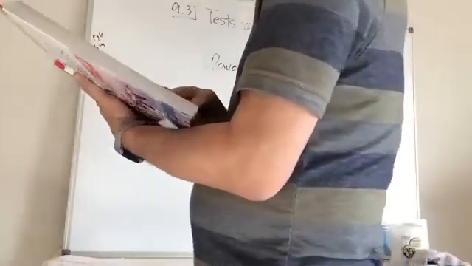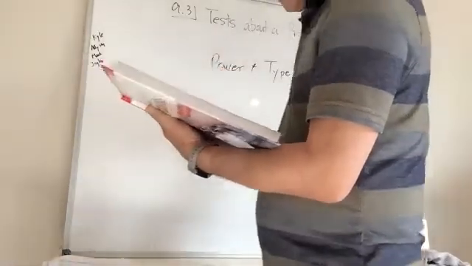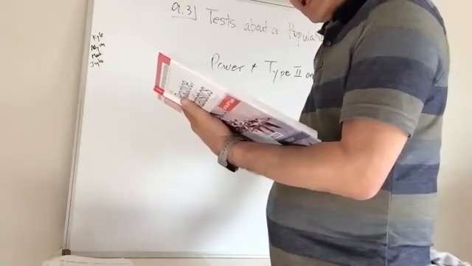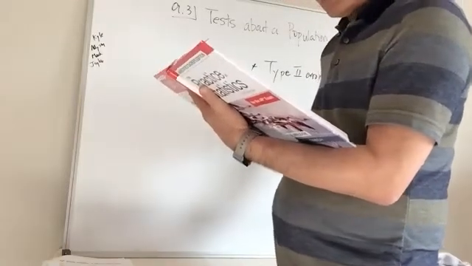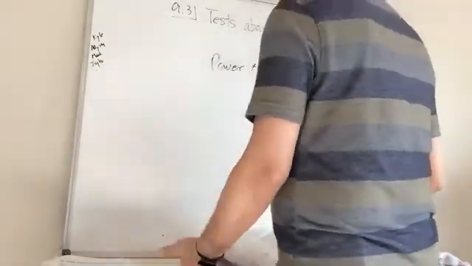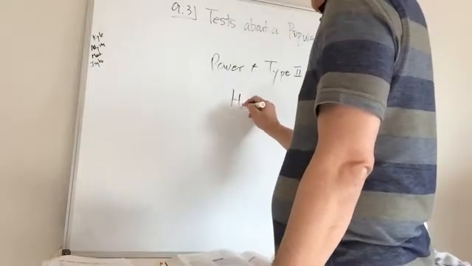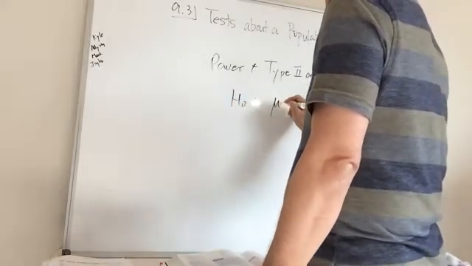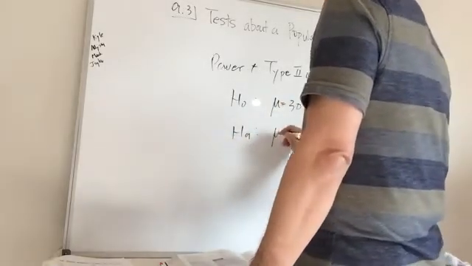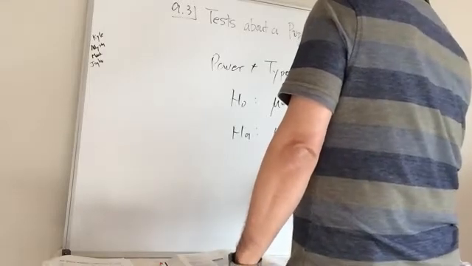The company plans to select an SRS of 50 deluxe AAA batteries and use them continuously until they completely drain. Then it'll perform the test where the Ha is that mu is greater than 30. The Ho is what we're trying to disprove, and we're going to use an alpha of 0.05.